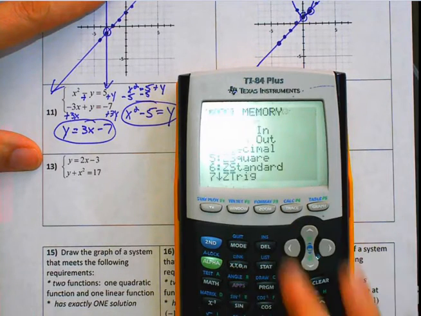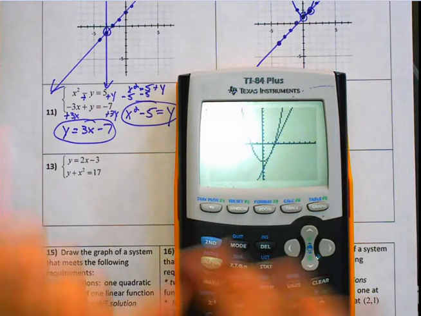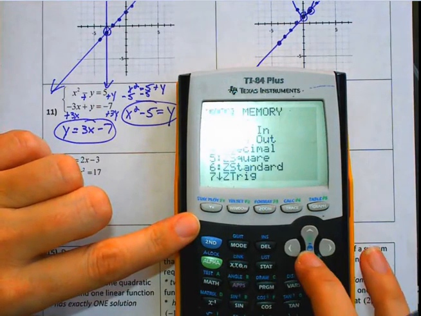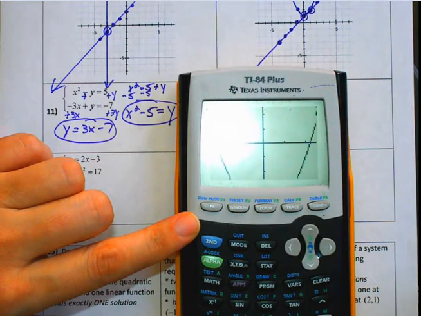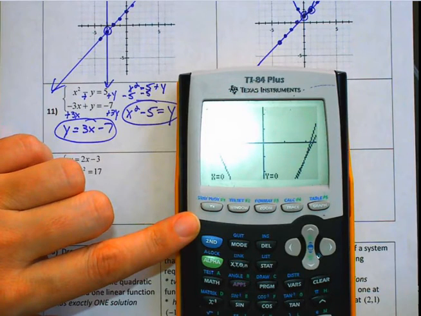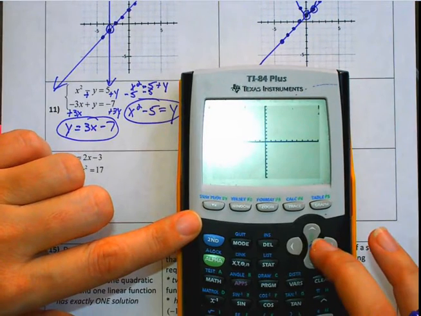Okay, and zoom 6 will take you to your normal viewing window. So for this particular one, it looks like maybe I have two, maybe I have one intersection, so you can zoom in to see. Okay, now I can't really tell, so I'm going to zoom 6 again.